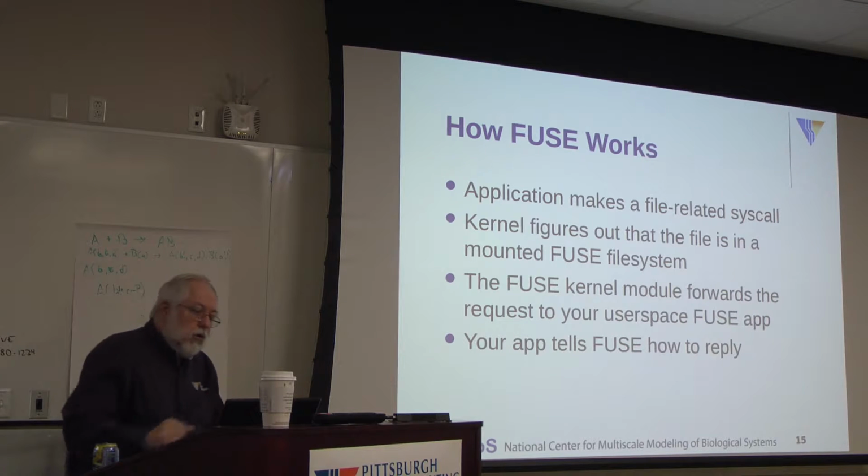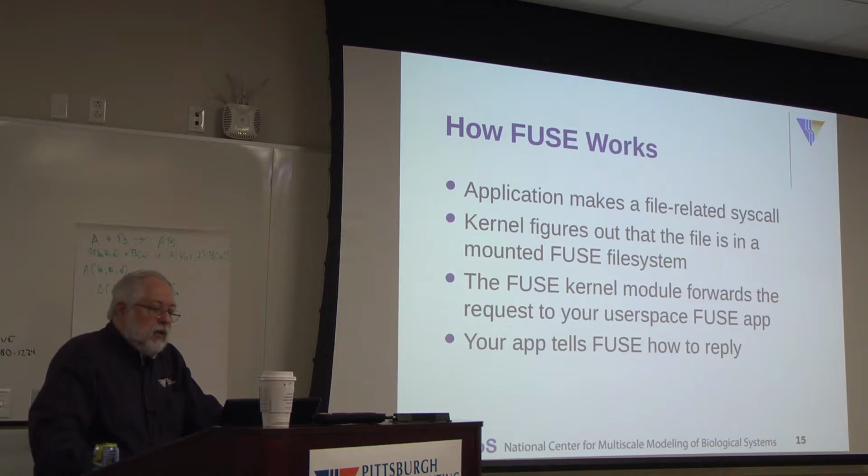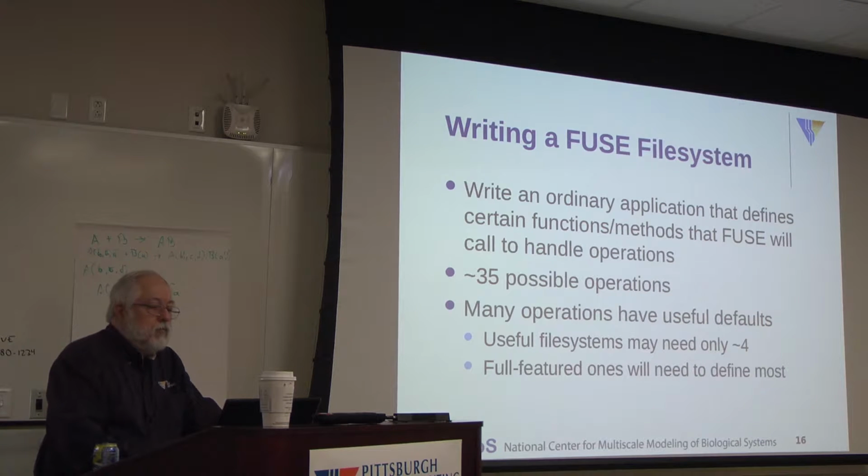And what the Fuse kernel module that's already there does for us is it forwards the request back to the program that implements the virtual file system. So when you're writing one of these Fuse file systems, you're really writing an ordinary user mode program.